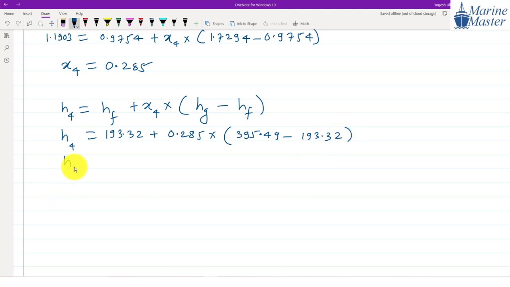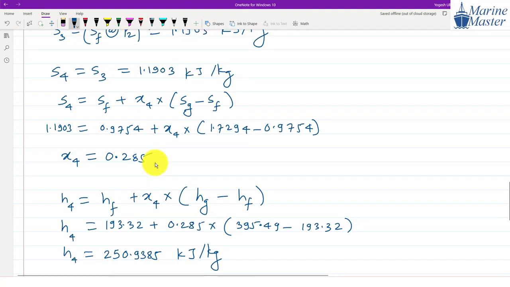So please do the calculation and try to get the value of h4. So if you do the calculation guys, we get the value of h4 as 250.9385 kilojoule per kg. So we got the h4.